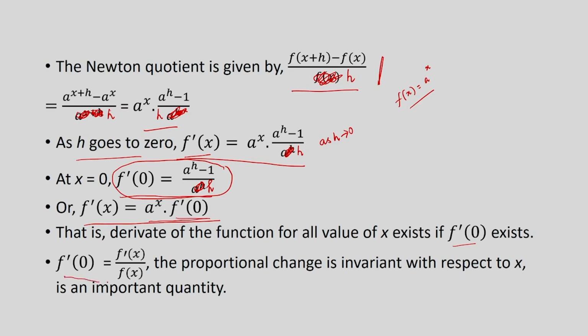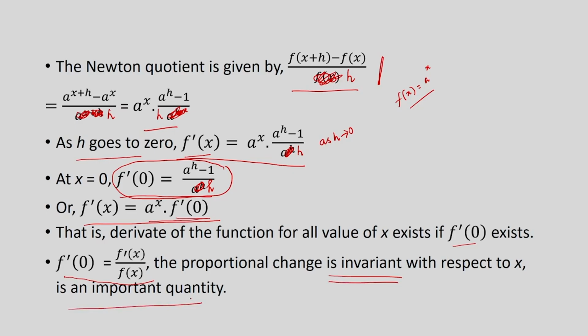Furthermore, I can see that if I divide both sides by a to the power x, then I will get f dashed of 0 is equal to f dashed of x divided by fx. The proportional change is invariant with respect to x, and this is an important quantity, right.